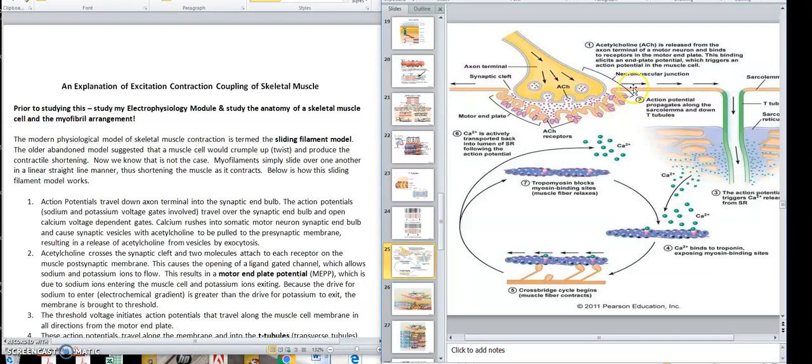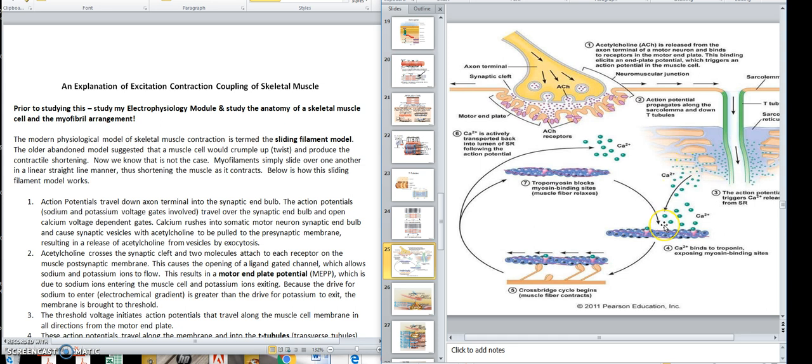The action potentials then will go up into the T tubules. In the T tubules, the action potentials will cause the release of calcium from the terminal cisternae. Remember, it holds a lot of it, but not that tightly. The calcium released will go into the muscle cytoplasm, but some is going to hook to troponin C.